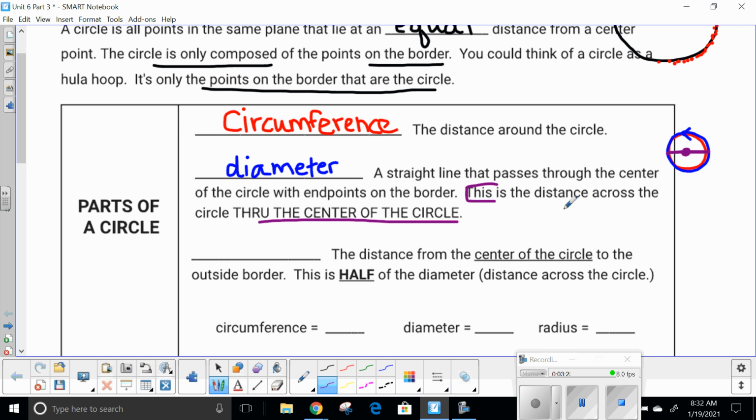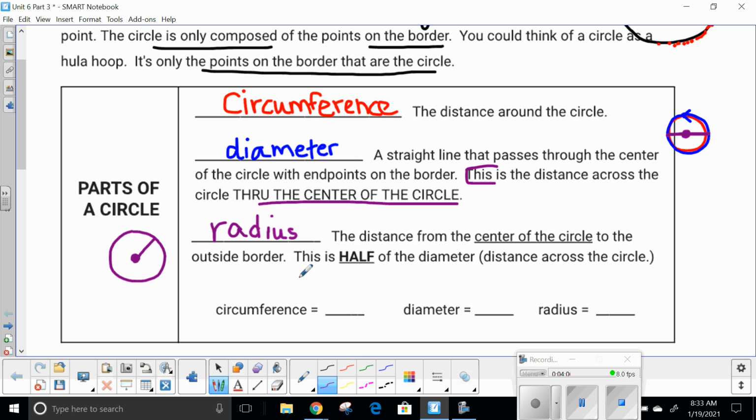And then finally, we have what is called radius. Radius is the distance from the center of the circle to the outside border. So for instance, if I have a circle like this, and I have the center, the radius is just the distance from the center to the outside edge.